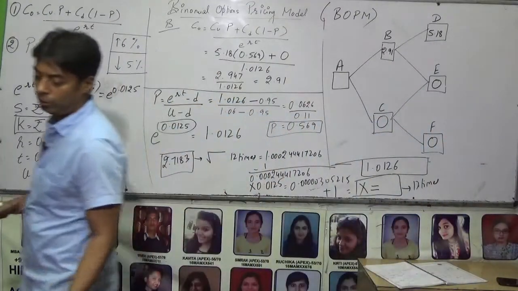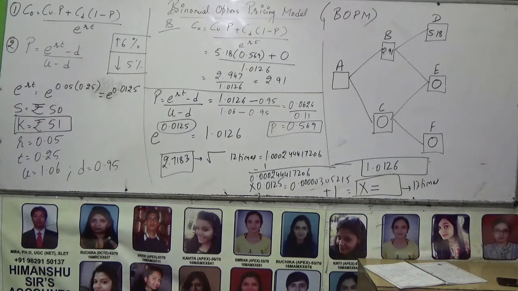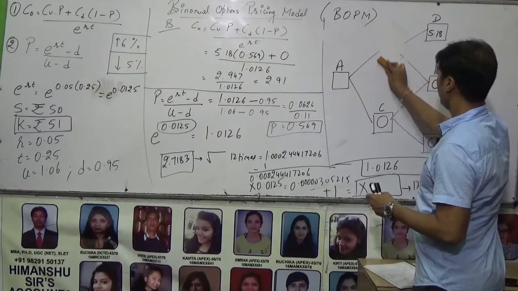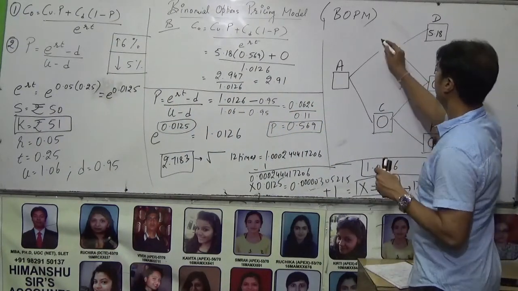Please take it down, because I need to erase the values up till here. Kindly take down the value at the node B, and it is coming as 2.91. Right? So I'll just write this value neatly, since it's an important one.